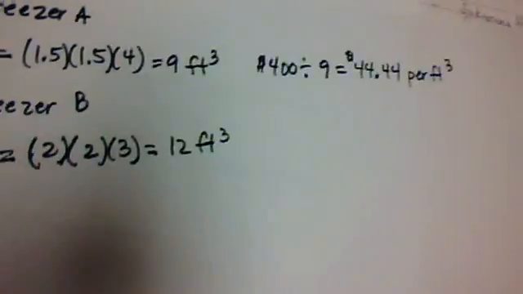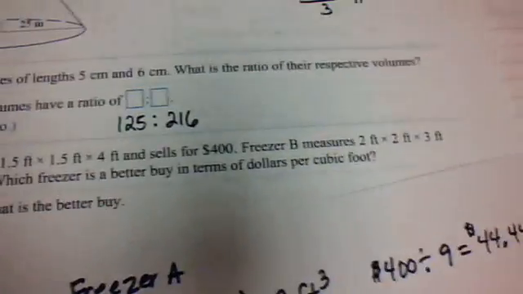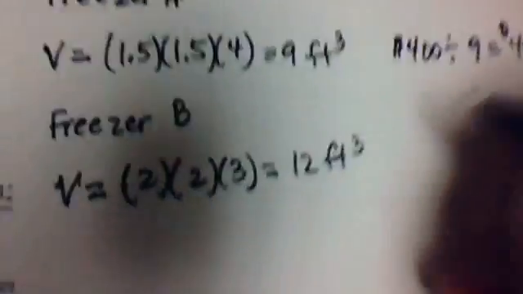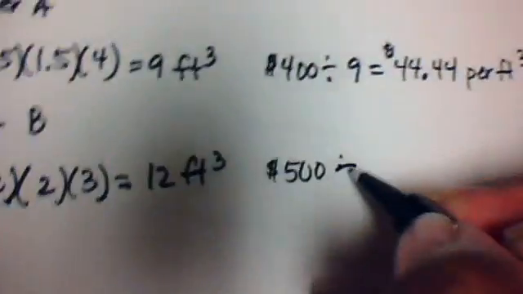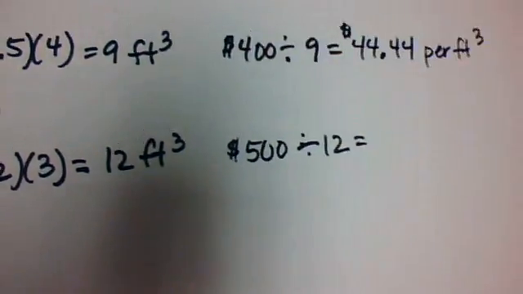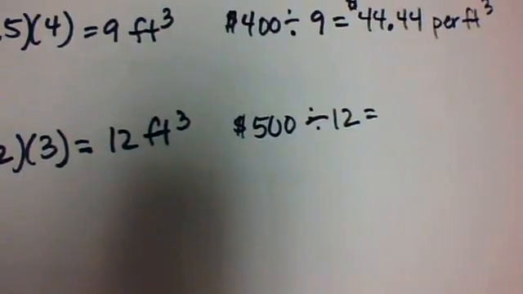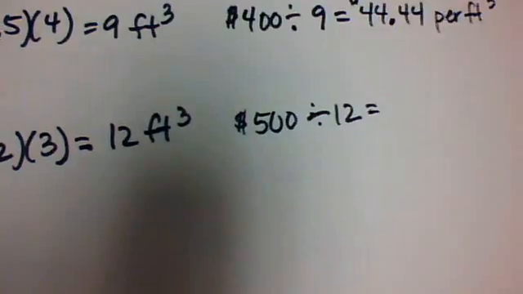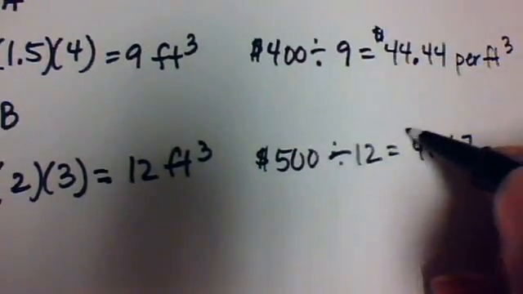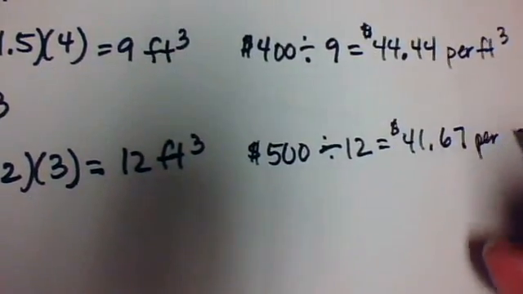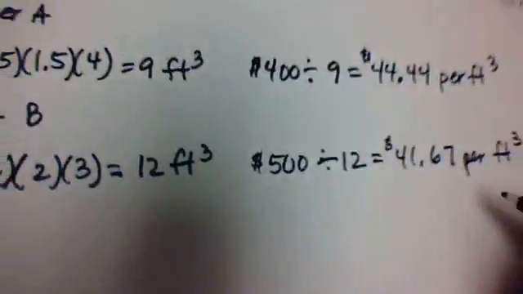Now for freezer B, it sells for $500. So 500, and we divide that by 12 cubic feet, it would be $41.67 per cubic foot.